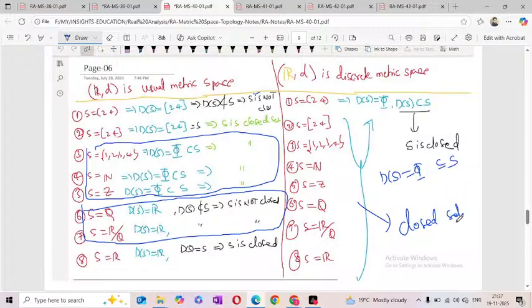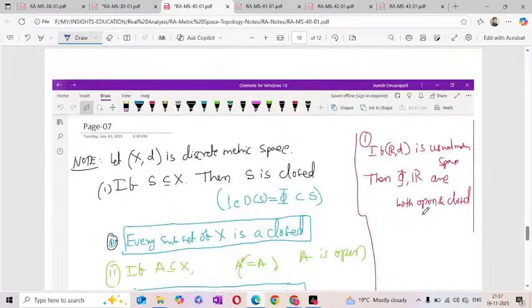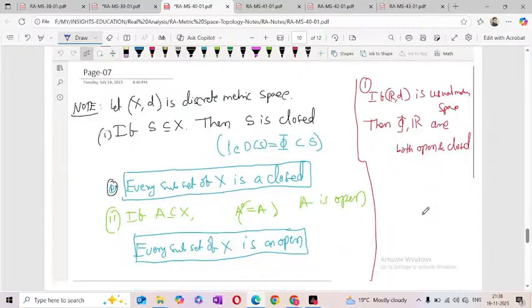But already we know that in a discrete metric space, every subset is an open set. So the conclusion is that each and every subset of a discrete metric space is both open and closed. Now the note is that (X, d) is the discrete metric space.